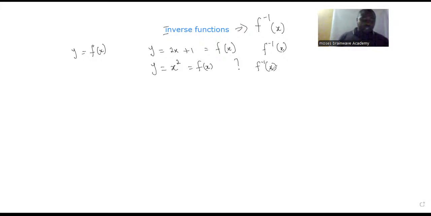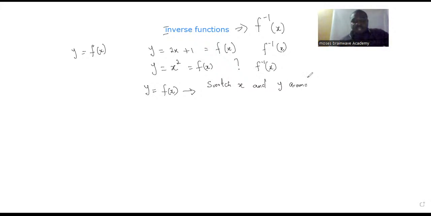Now, simply, the inverse of a function is very easy to get. If I have my y equal to this function f of x, the step I need to do right now is to switch x and y around.